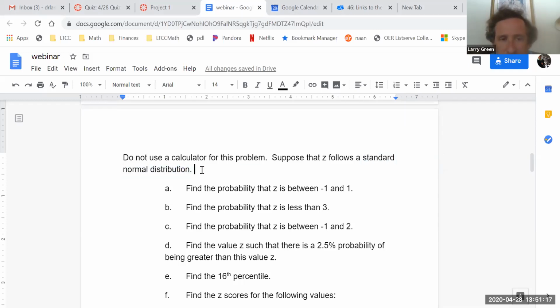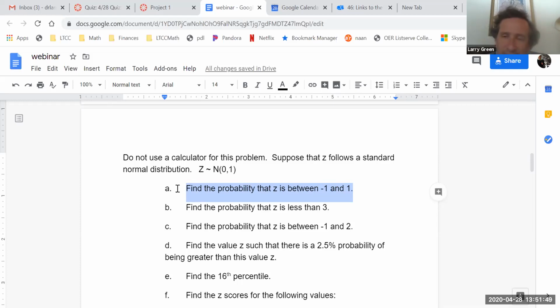Standard normal just means that Z ~ N(0, 1). So that means we have a normal distribution with a mean of 0 and a standard deviation of 1. And that's our Z. All right, let's see if you can answer this, because part A is really easy. Find the probability that Z is between -1 and 1.